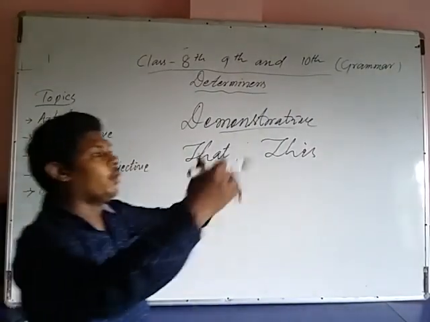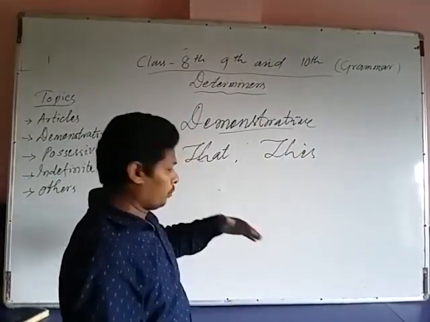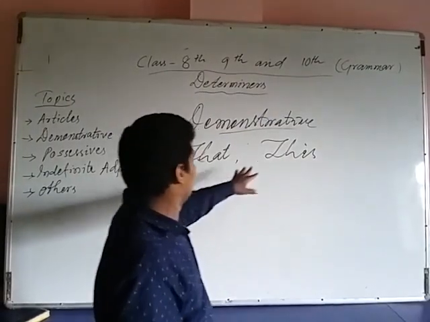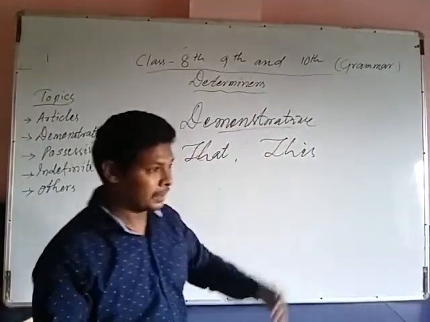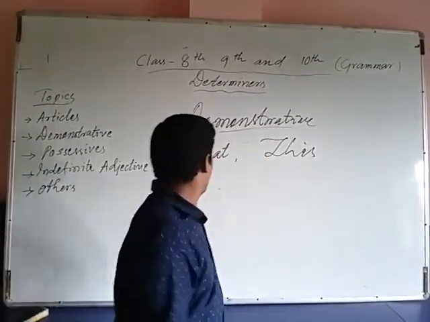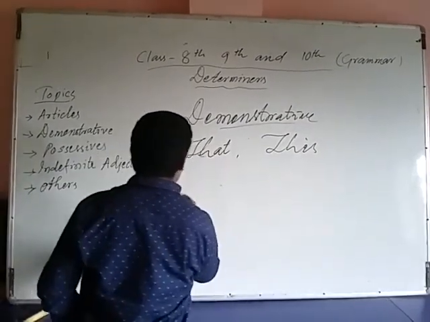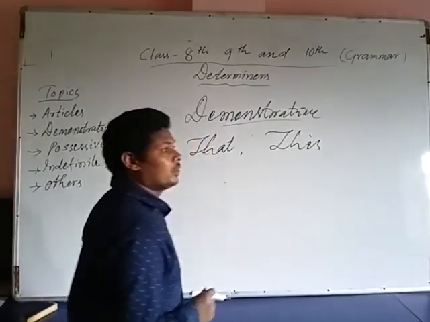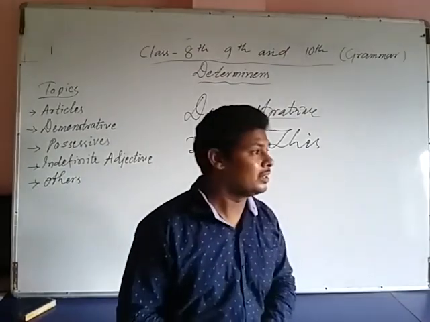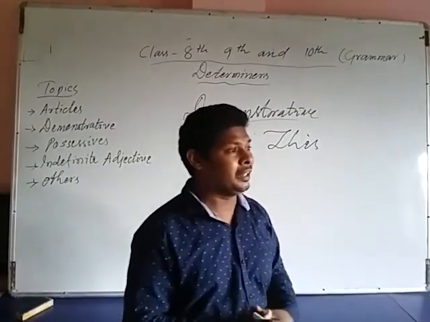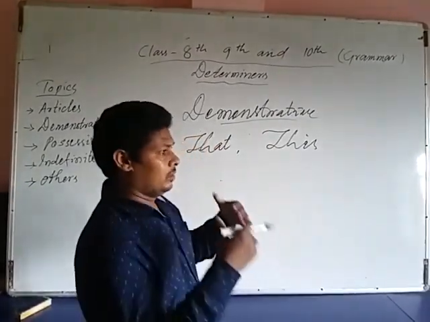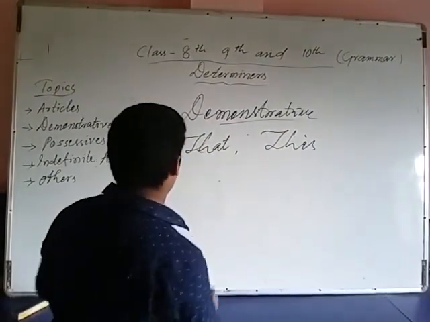That is used for something far away from the person speaking, and this is used for something near to the person who is speaking. And that and this both can be used with human beings and materials also.